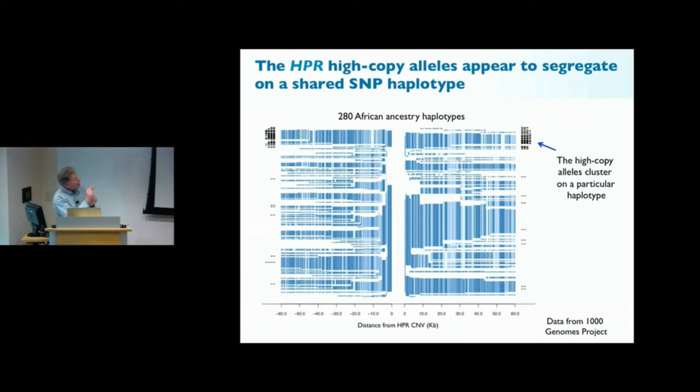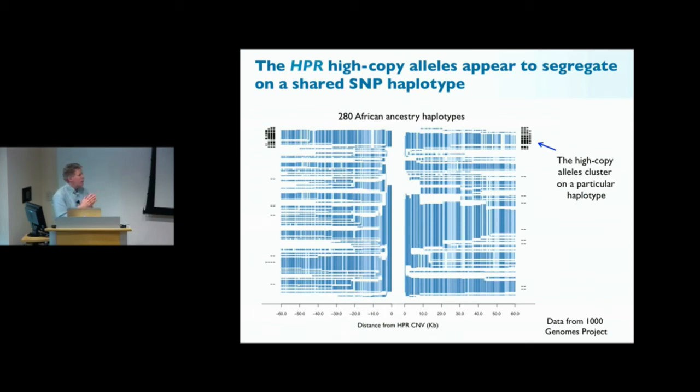And those little black ticks are showing you where the high copy alleles are clustering in terms of the background SNPs. What you can see is that the high copy alleles are generally on this one fairly long, fairly uniform SNP haplotype. But within that haplotype, all the different duplication alleles, which have different copies on them, are all together. And in fact, there aren't a lot of SNPs that can distinguish one from the other.